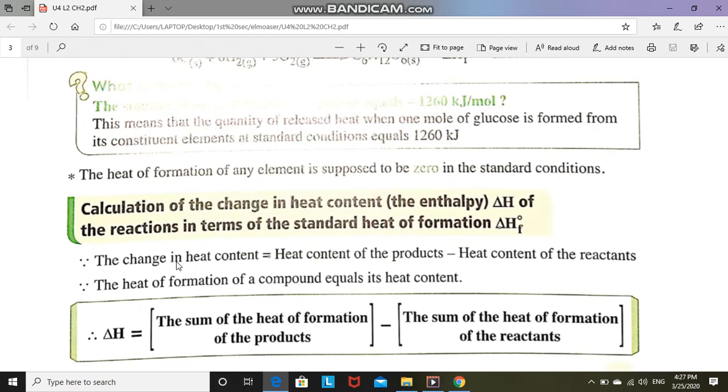As we said before, heat of formation of a compound equals its heat content. So delta H equals the sum of heat of formation of products minus the sum of heat of formation of reactants.